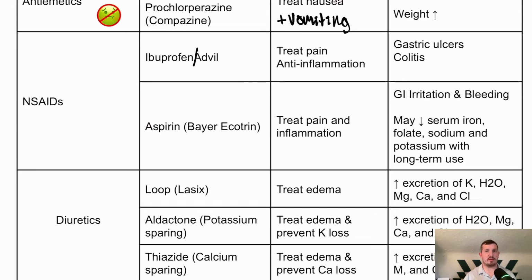So then you might end up with bloody diarrhea or issues with that too. So keep that in mind. And then for aspirin, just in the text, it mentioned that it may decrease serum iron, folate, sodium, and potassium with long term use. So just something to watch out for when it comes to the aspirin and those NSAIDs there.